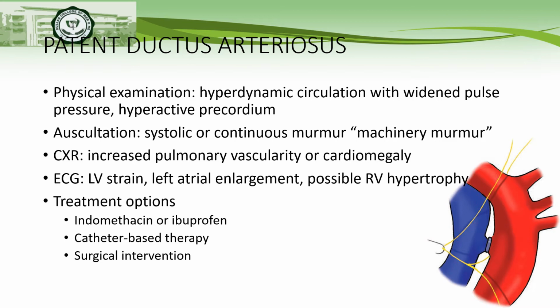Term infants, however, are generally unresponsive to pharmacotherapy, so they may undergo catheter-based therapy or percutaneous intervention, or we do the usual open surgery. Preterm newborns and children may do well with a surgical technique, while older patients more than 5 years old and those with smaller ducts less than millimeters do well with coil occlusion.